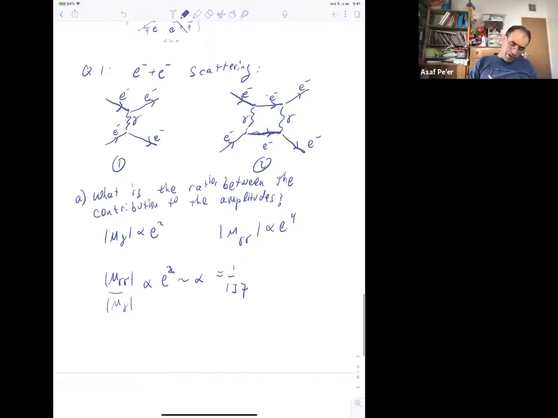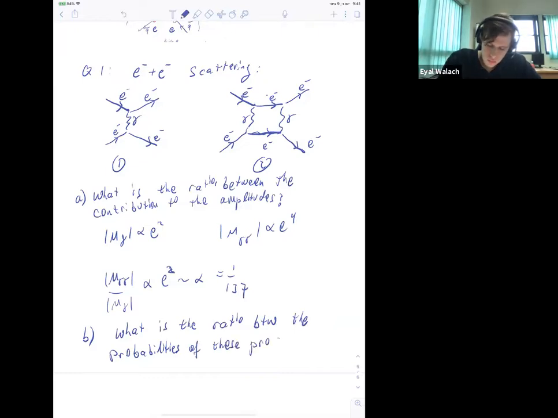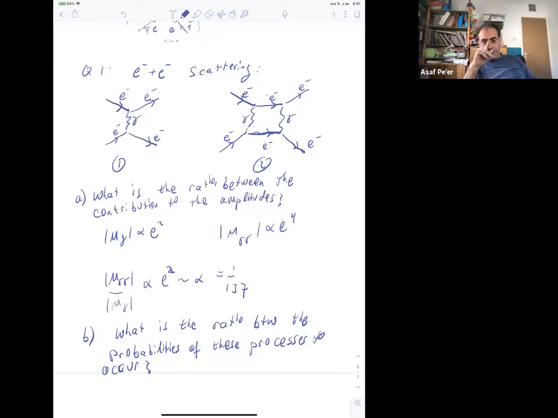So what is the ratio between the probabilities of these processes to occur? And if we look at the lab, we make an experiment.